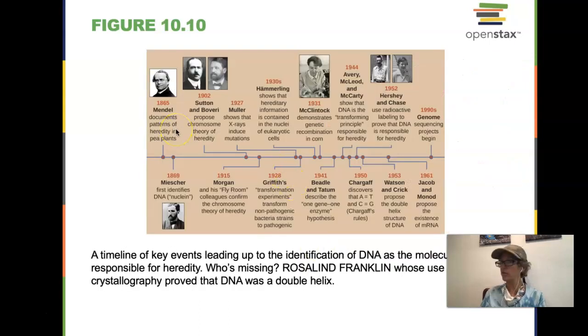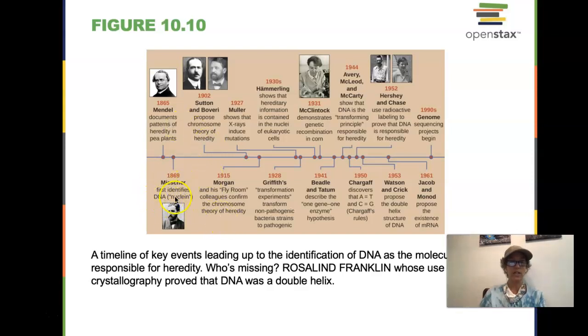This timeline you do not have to remember, but if you are interested in looking at any of the other discoveries along the way, we found Mendel did a bunch of heredity experiments, Mendel's peas, from which we get the term Mendelian genetics. He didn't even know what DNA was, and yet was able to determine inheritance patterns.